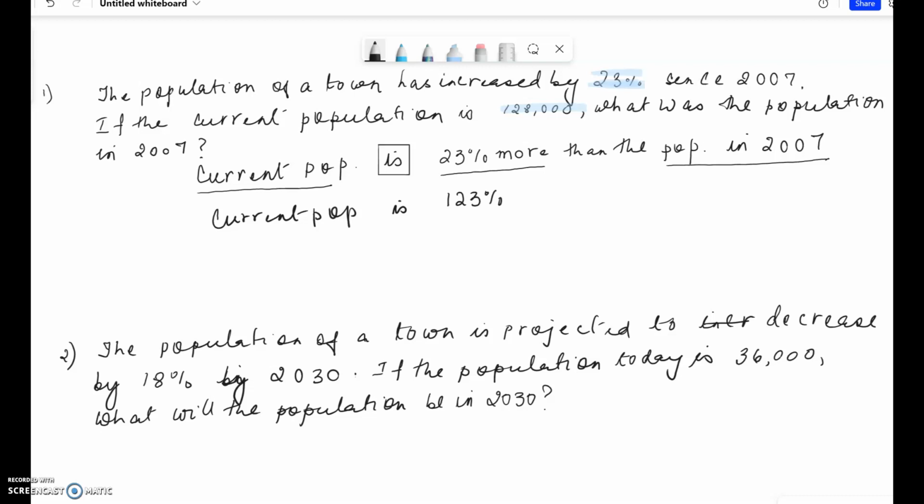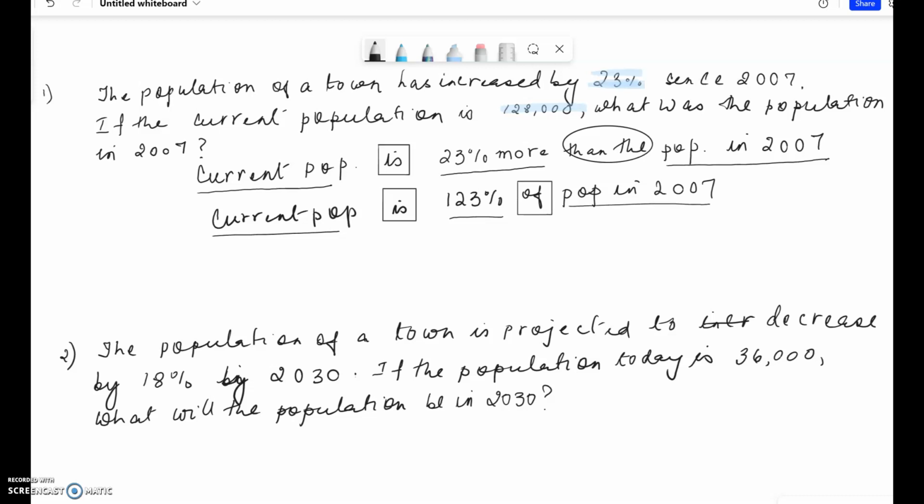So it's 100% plus 23% of, not more than, but of the population in 2007. So the current population is 123% of the population in 2007.